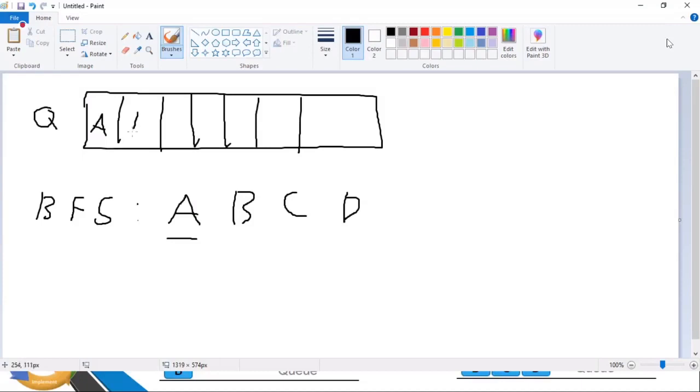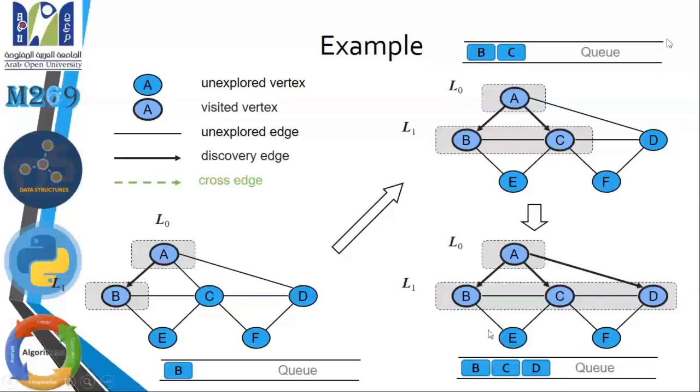It should be added, by the way, B, C, D. Now I visited all the neighbors of A. It will now be dequeued, out. So no A now. That's why they were just B, C, D.